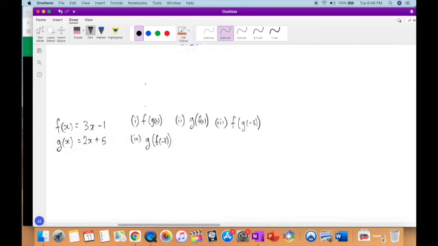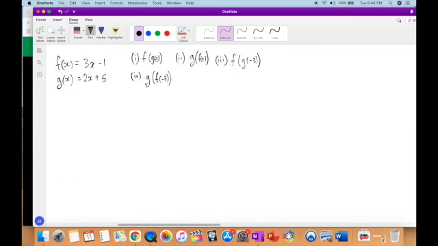And this one here is basically the kind of question you'll get in CSEC. They'll give you two simple linear equations and they'll tell you to find the f of whatever. So the first one I have is the f of the g of x. Let me use a different color so that I could distinguish question from the answers. So we have the f of x, 3x minus 1, and wherever I have x, I'll put the g of x.